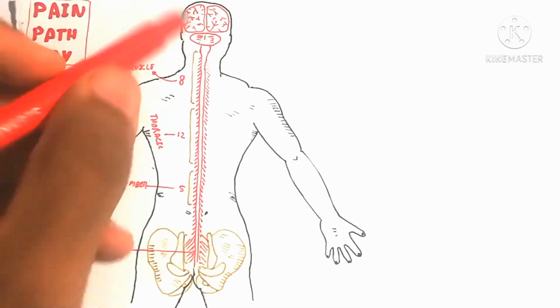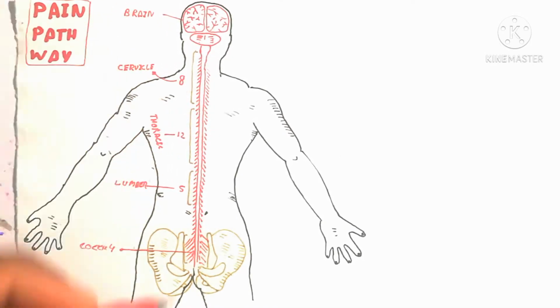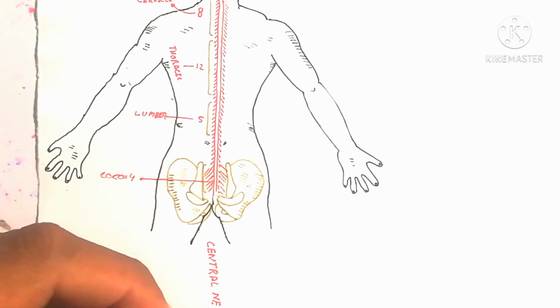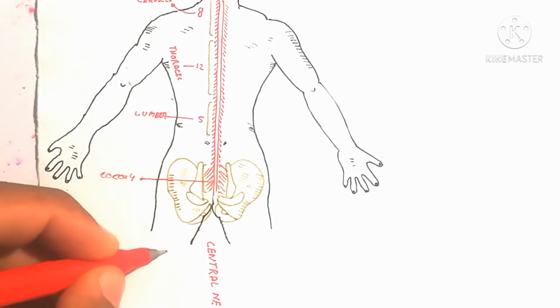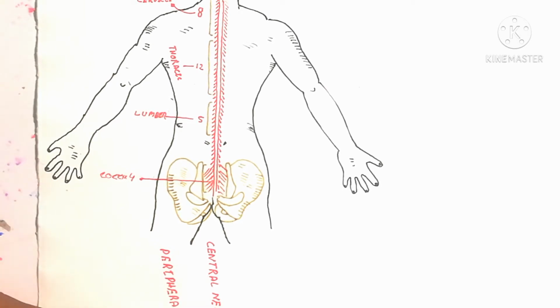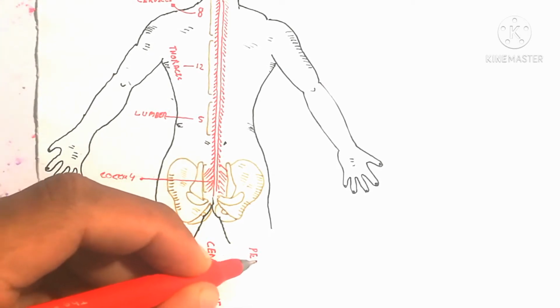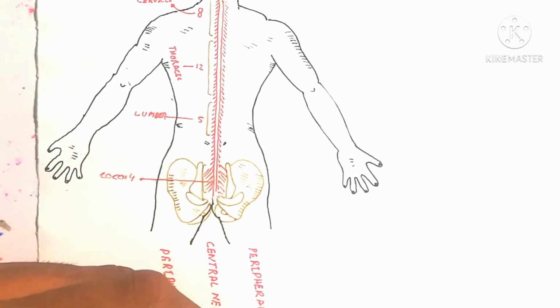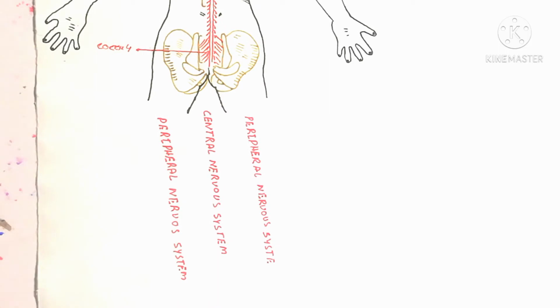So why is this classification done? Because this classification provides knowledge about the gray matter and white matter present in the spinal cord. So here is the central nervous system, which contains the brain and stem. Stem means spinal cord. And here is the peripheral nervous system, which contains the periphery of the body.